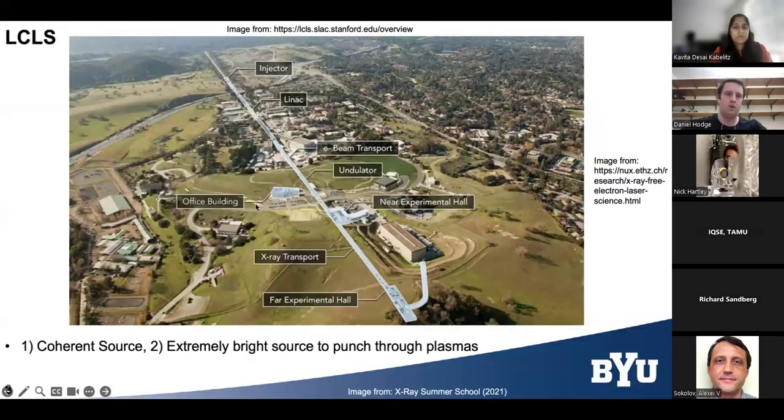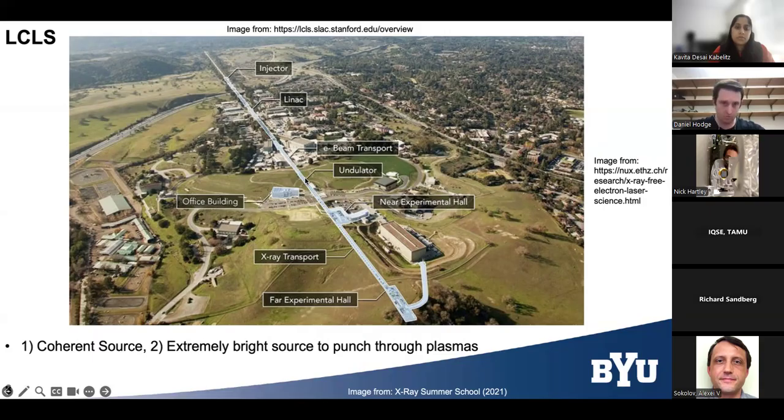So the Linac Coherent Light Source is basically this 2 kilometer structure of electrons being accelerated at relativistic speeds. And these electrons are generated by UV light, essentially ejecting electrons from a metal. This linear accelerator accelerates the electrons, and they encounter this undulator, a series of magnets, and by interaction with this magnetic structure, these electrons oscillate or accelerate.